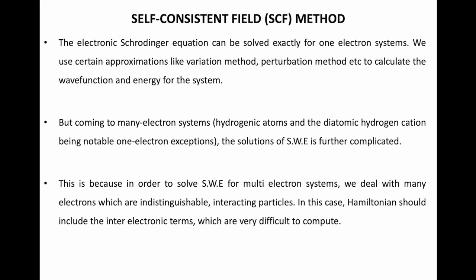Altogether, we can say that the Schrödinger equation is used only for calculating the electrons for a one-electron system. For a many-electron system, the calculation of the Schrödinger wave equation is difficult.